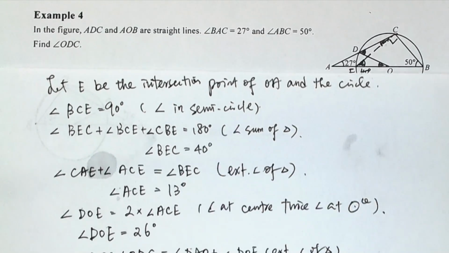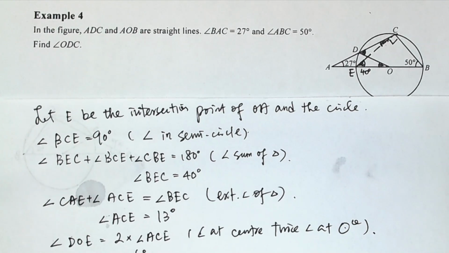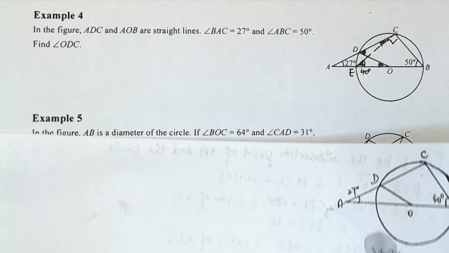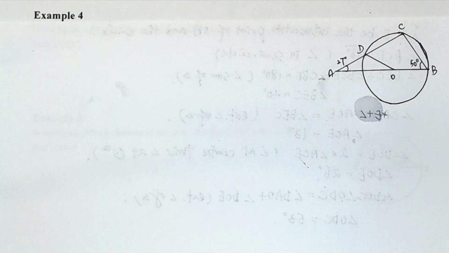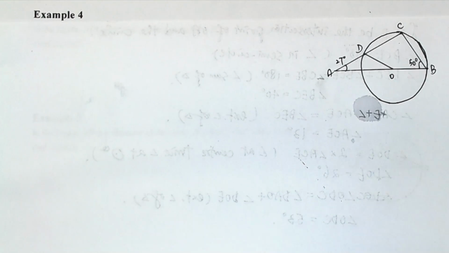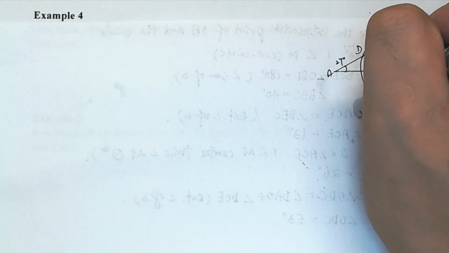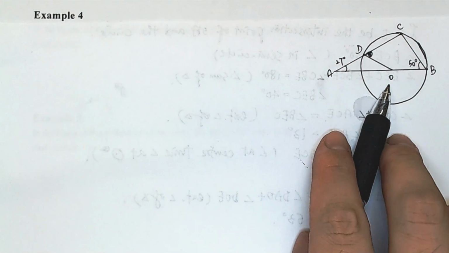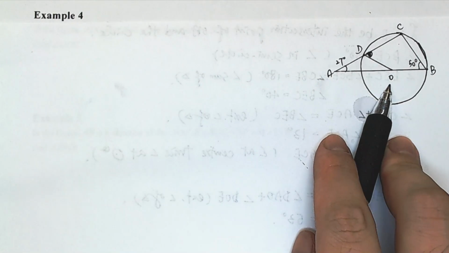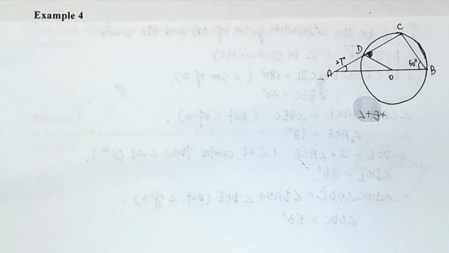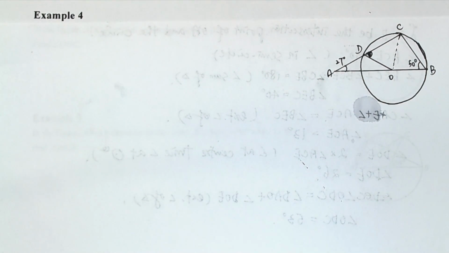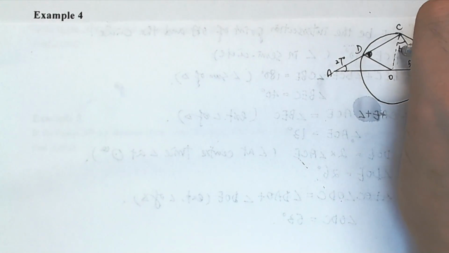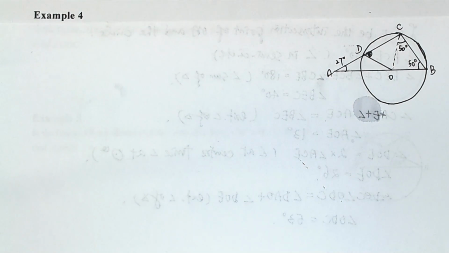And in this example, there is another way to do it, and I'm going to share with you as well. Look at the figure here. When you're finding angle ODC and the center of the circle is given, do you still remember we can also consider isosceles triangles? When you join OC, you should see two isosceles triangles, BOC and COD. Then I can find that angle BOC is 50 degrees.